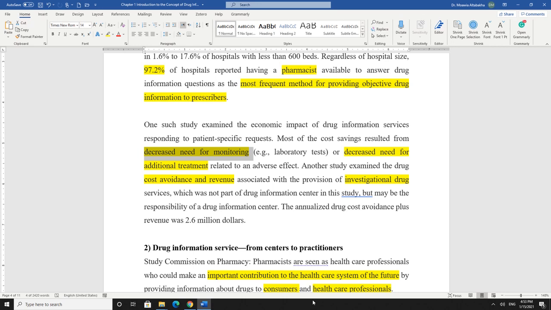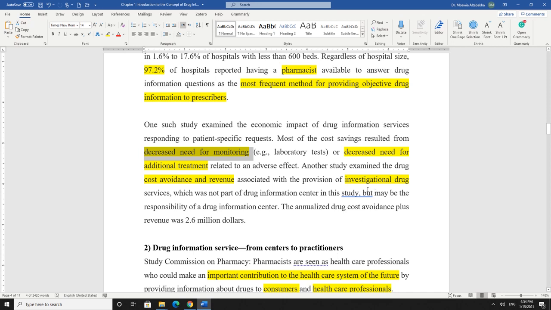Another thing which also impacted the drug information services is that we need to reduce cost. We need to reduce cost for the hospital and also for the patients, so we need to reduce monitoring and give the right, cost-effective treatment.